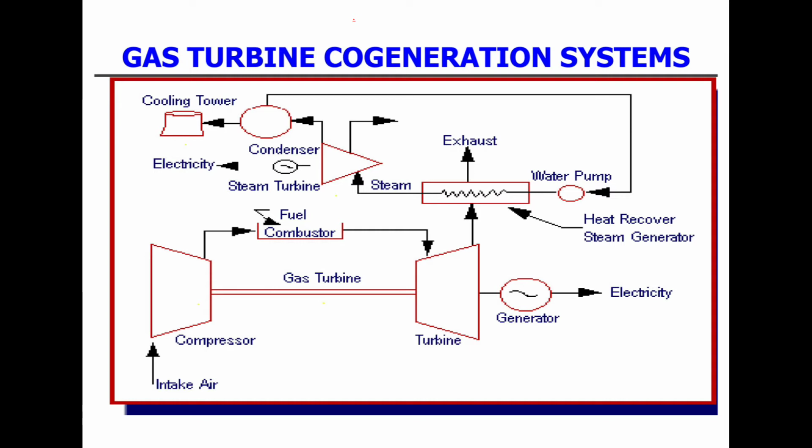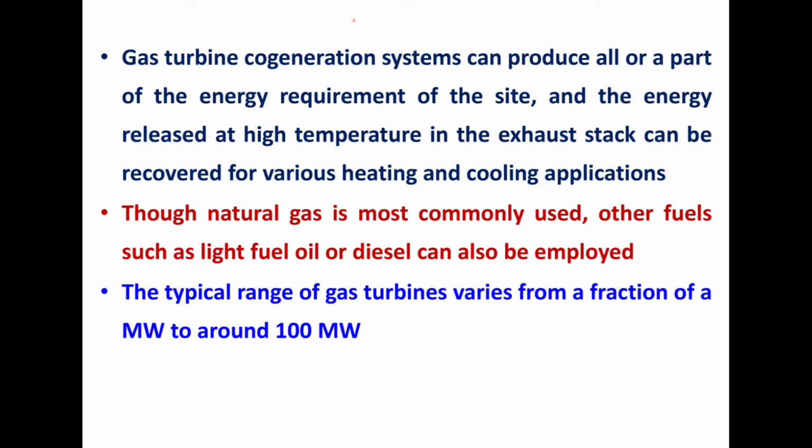Cogeneration system means a system which is involved in achieving high overall efficiency. Gas turbine cogeneration systems can produce all or a part of the energy requirement of the site, and the energy released at high temperature in the exhaust stack can be recovered for various heating and cooling applications.